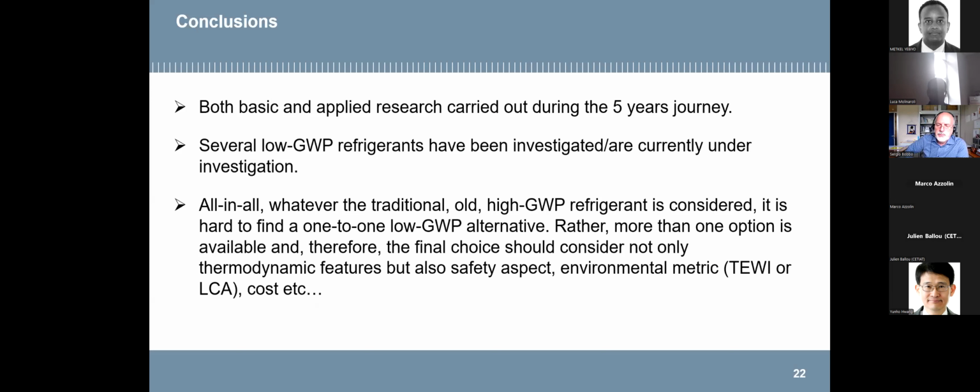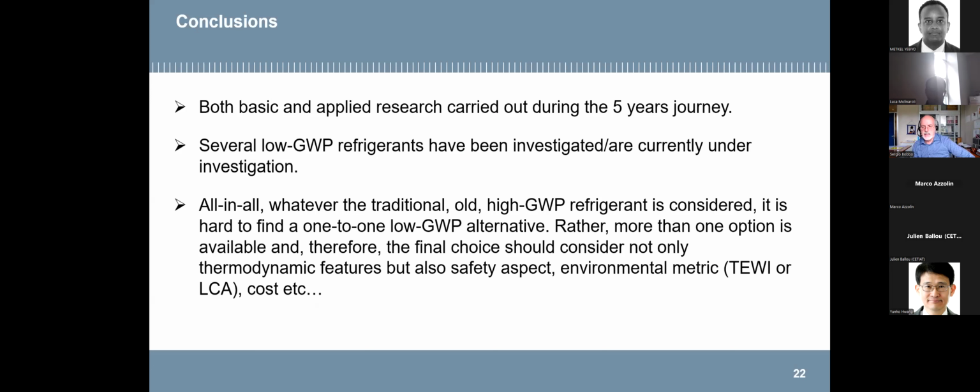The main conclusion, which is quite well known in the research field, is that even if we have several low-GWP alternatives to substitute the present refrigerants, it is difficult to find a single solution.